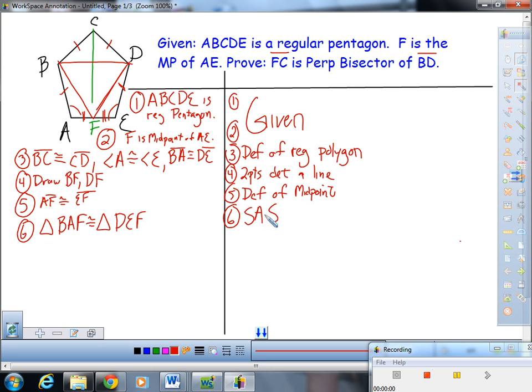And now I can say that BF, I was getting ahead of myself last time, BF is congruent. So notice I picked the first and the last letter. So if I use CPCTC, it's got to be DF. Okay?